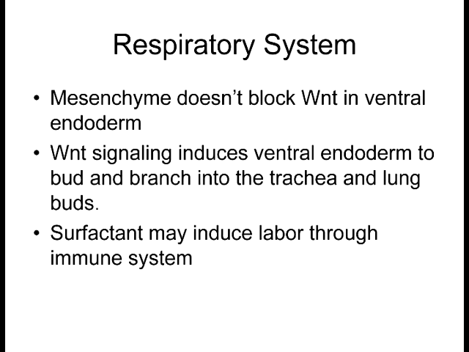So one of the things about the respiratory system, beyond the Wnt signaling that causes the branching, is that they believe a chemical called surfactant A gets secreted by the fetus once the lungs are fully developed, and it induces an immune response.